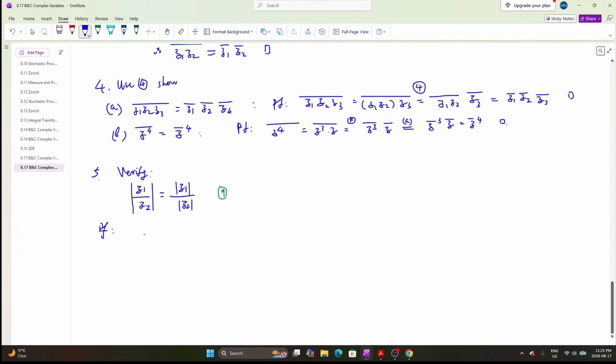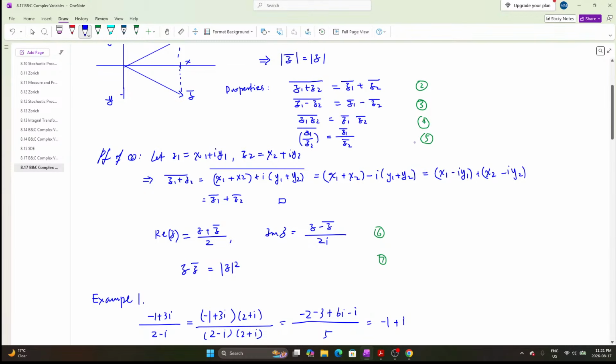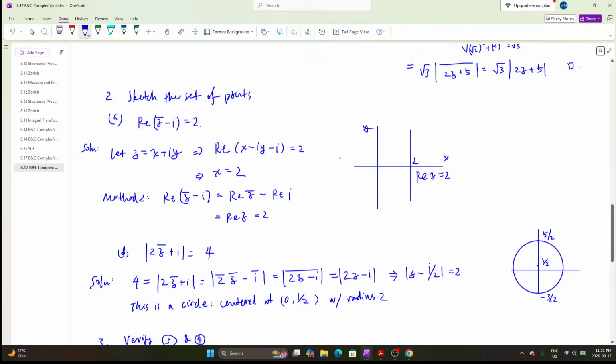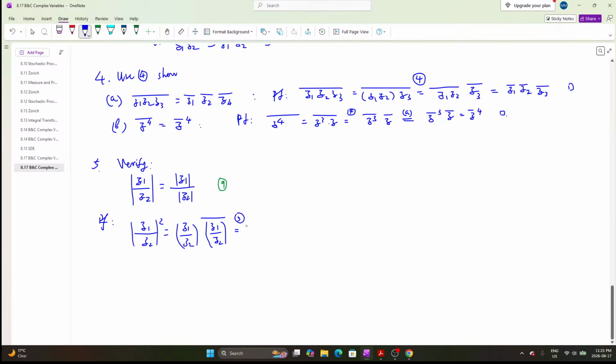So let's try that. Let's first write the squared modulus. The squared modulus is z1 over z2 times the conjugate of z1 over z2, and then they use the property here, number 5.